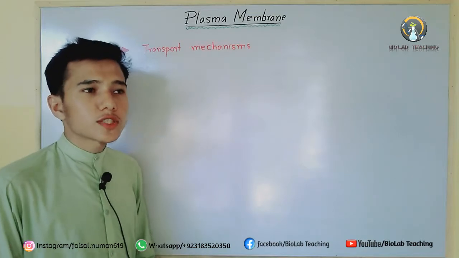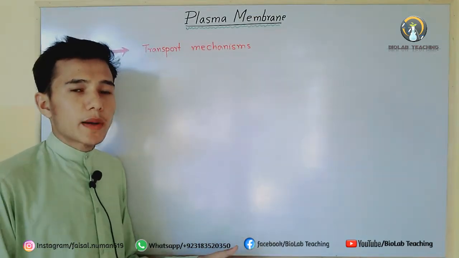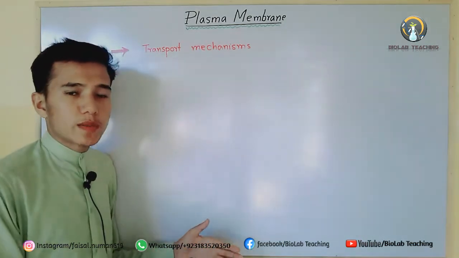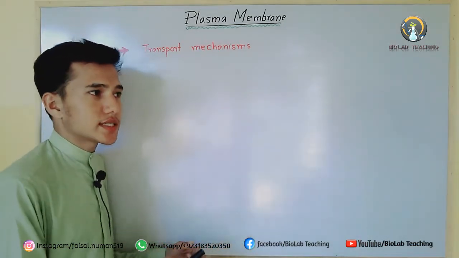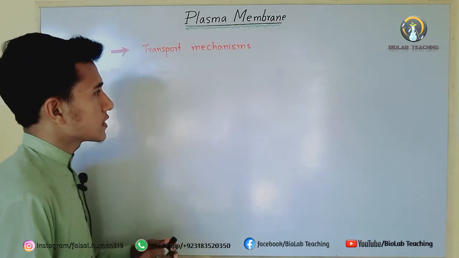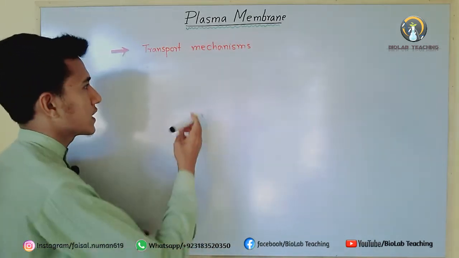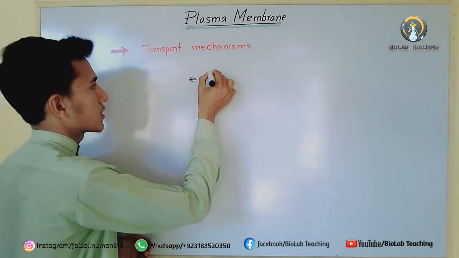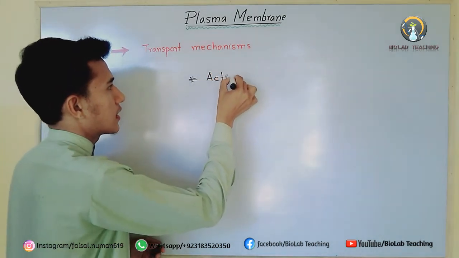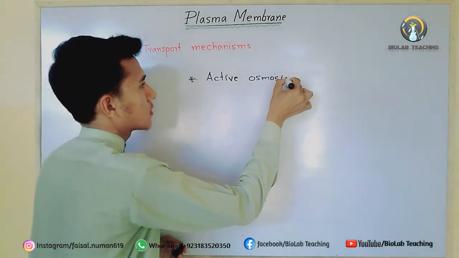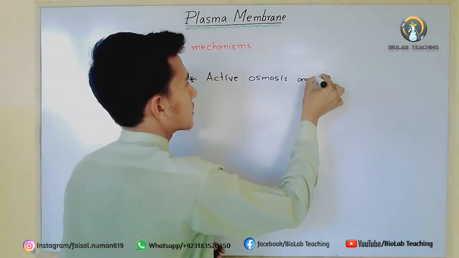We are going to the transport mechanism, meaning what types of transport are present in the plasma membrane and how it occurs. So we are going to discuss it in a little detail in this video. There are four types of transport present in the plasma membrane. The first one is osmosis and diffusion.